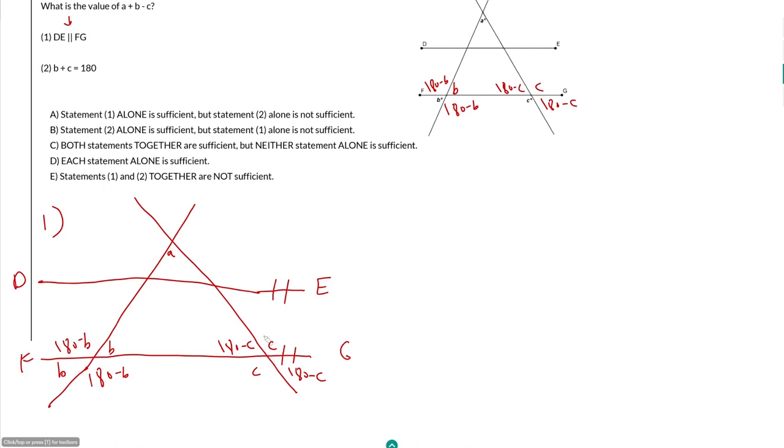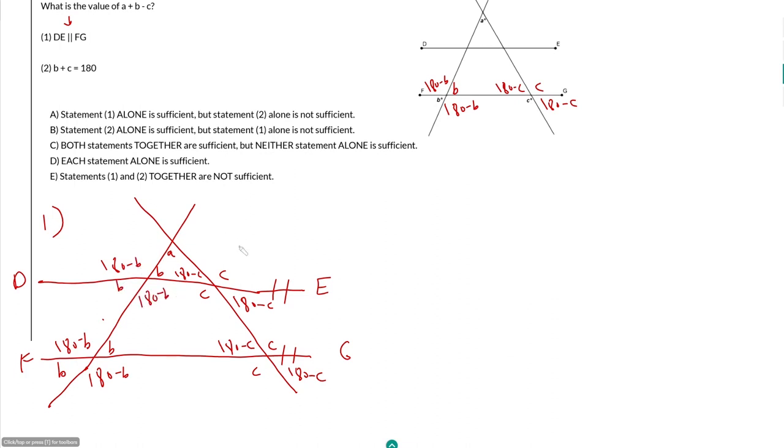And so based on my coordinate planes, I can say, so this angle here corresponds to my C. There should be another 180 minus C here. Here's another C, another 180 minus C here. This here should be a B. Here's another 180 minus B, another B, another A minus B.